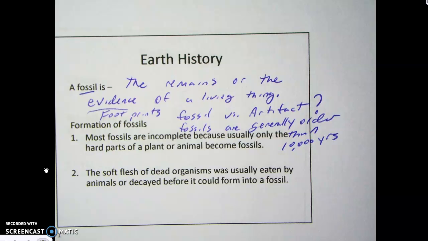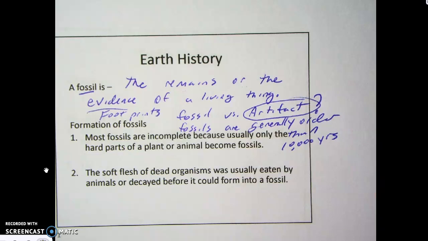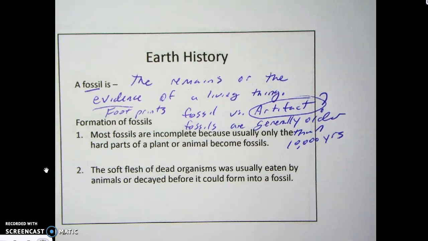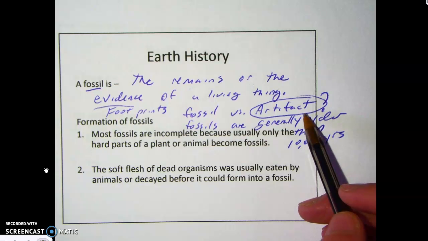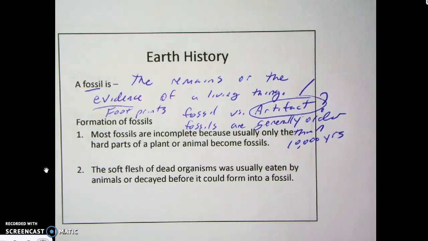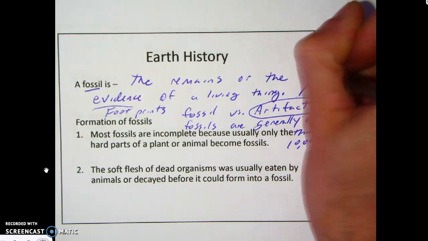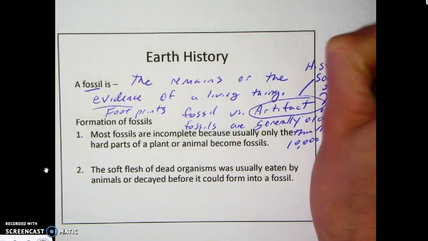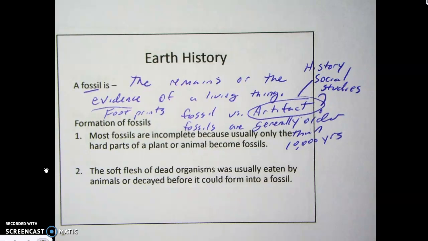And typically this idea of an artifact, we're talking about human ideas, human activity, human construction. Things like arrowheads, spear points, mummies, human civilization. We're talking about artifacts. And this would really fall under not earth science, but more history and social studies. So when we're talking about fossils, we're generally talking about things that are just much older than human types of things.